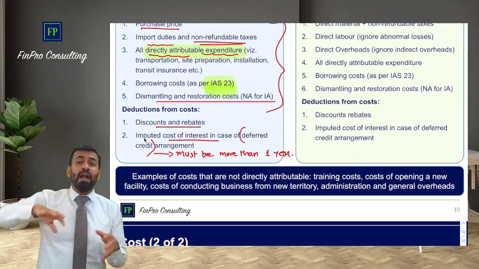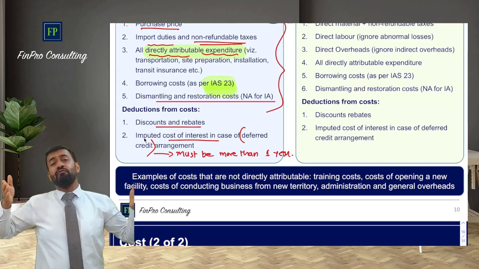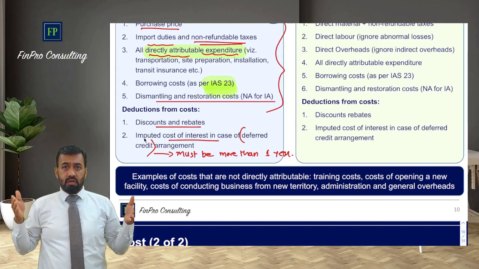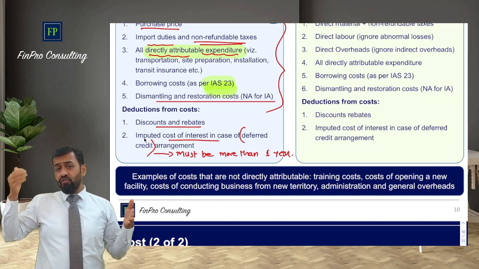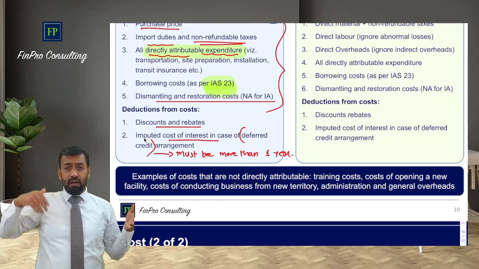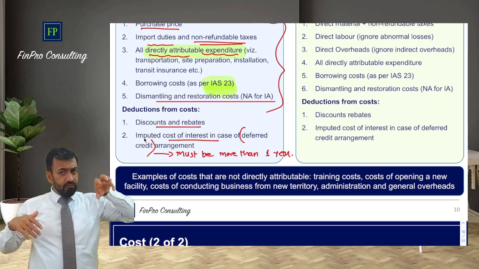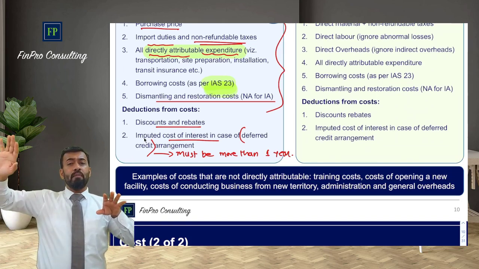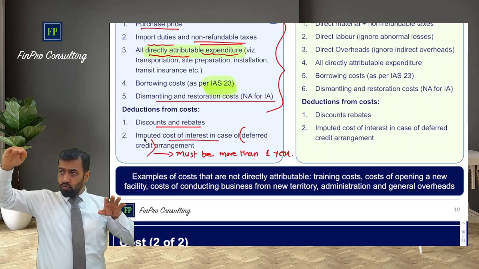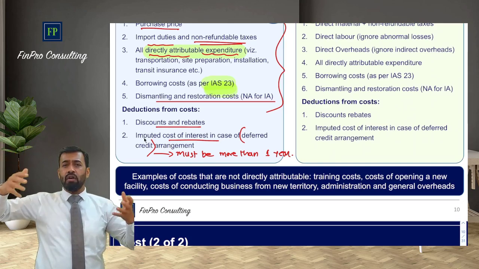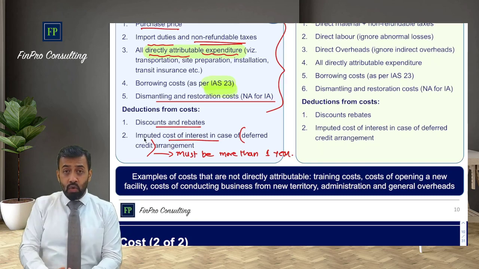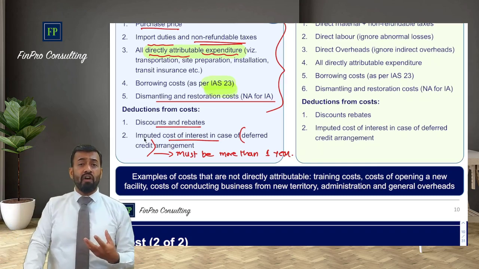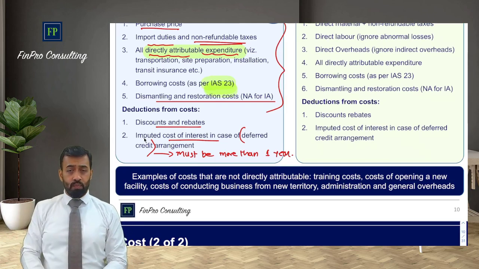So if the vendor is providing you a credit period, let's say, which is more than 1 year, he's actually financing that asset for you. So had you not got that credit period from the vendor, you would have borrowed certain funds from somewhere, you would have paid immediately, and immediate payment would have made you get the discount, because if you pay the amount immediately today, not after 1 year, then definitely the incentive for immediate payment would have been transferred to you.